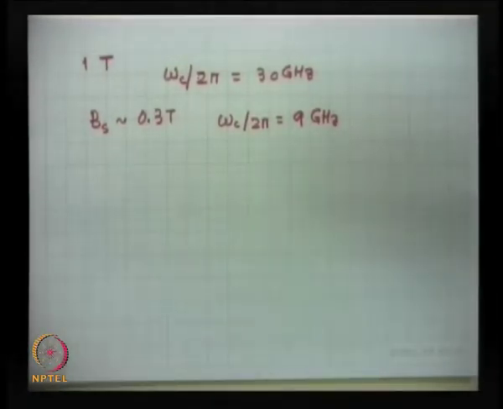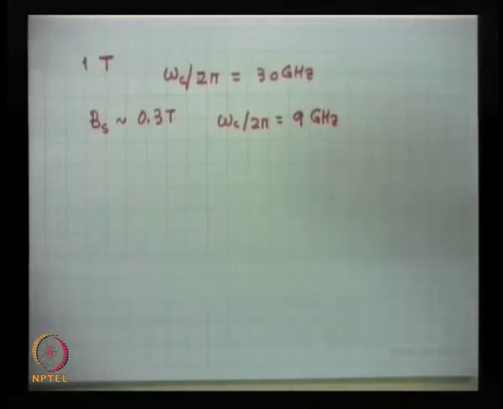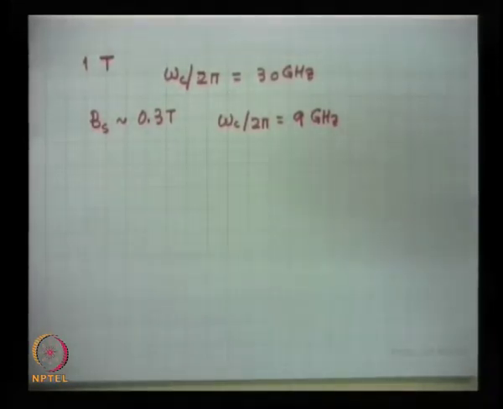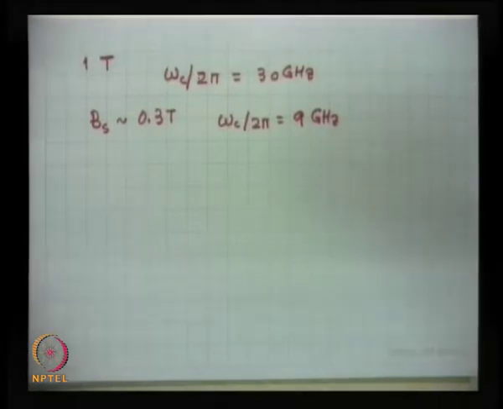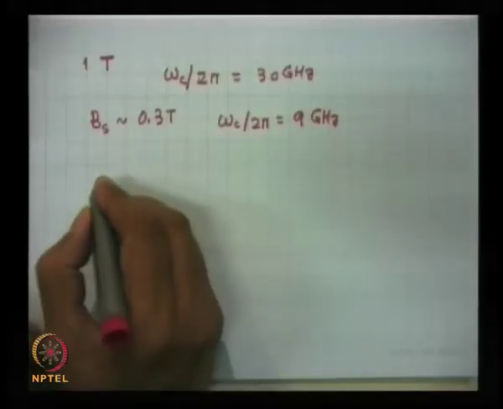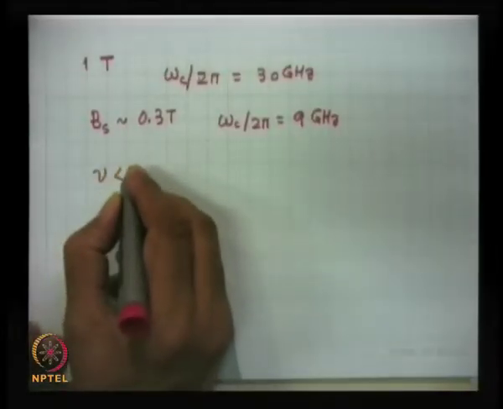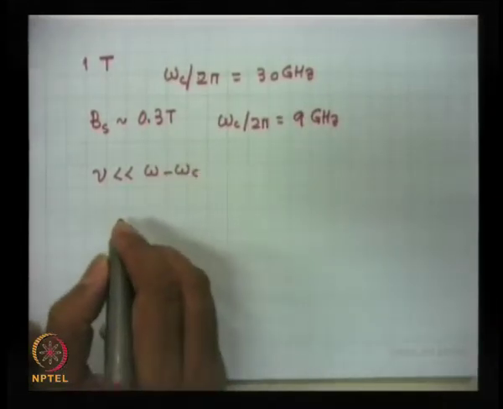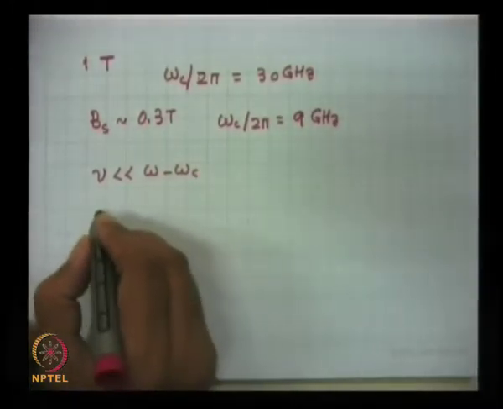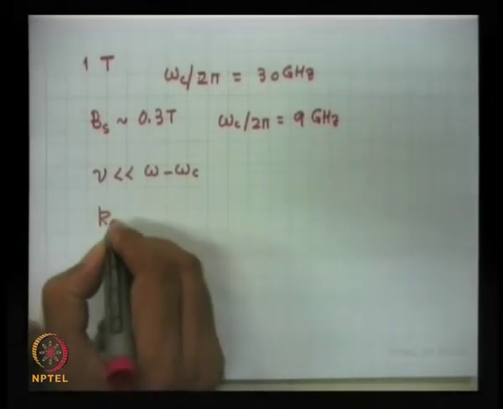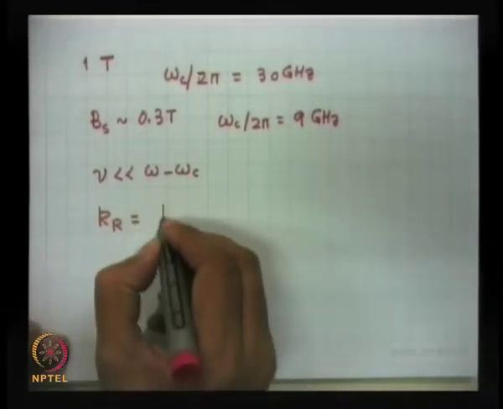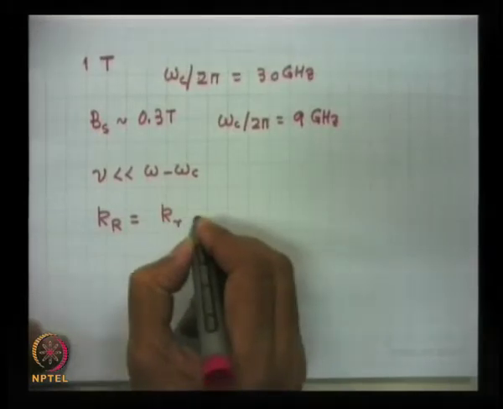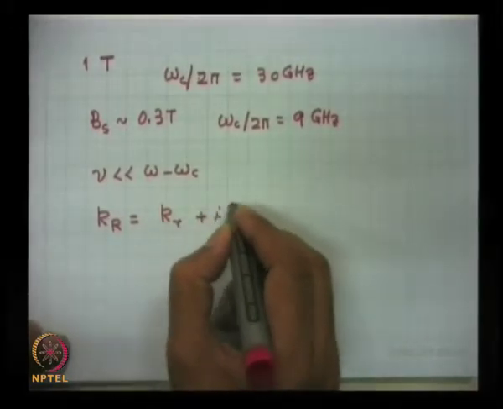And then I was talking about the imaginary part of the propagation constant, and if I include the collision frequency in the expression for k, but still presume that nu is less than omega minus omega c, in that case k turns out to be the real part of k plus i times the imaginary part of k.